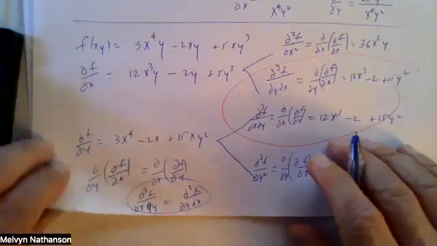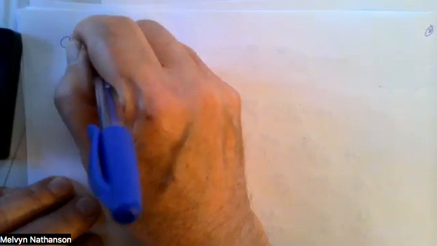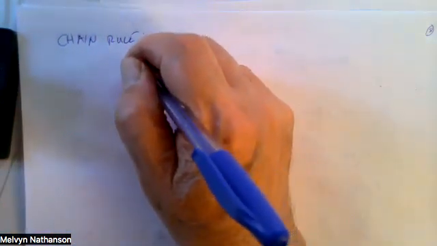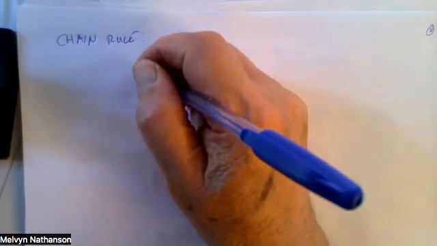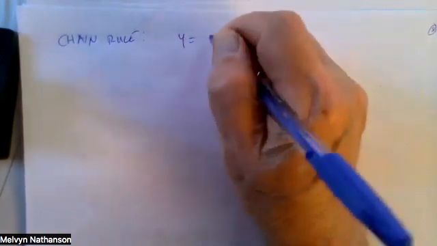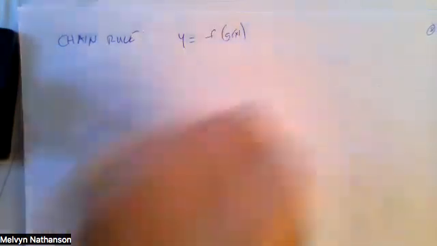Now, what's very interesting, and what is really the most important rule for differentiating functions of one variable in Calc 1 is the chain rule. So in Calculus 1, if you had y is f of g of x.